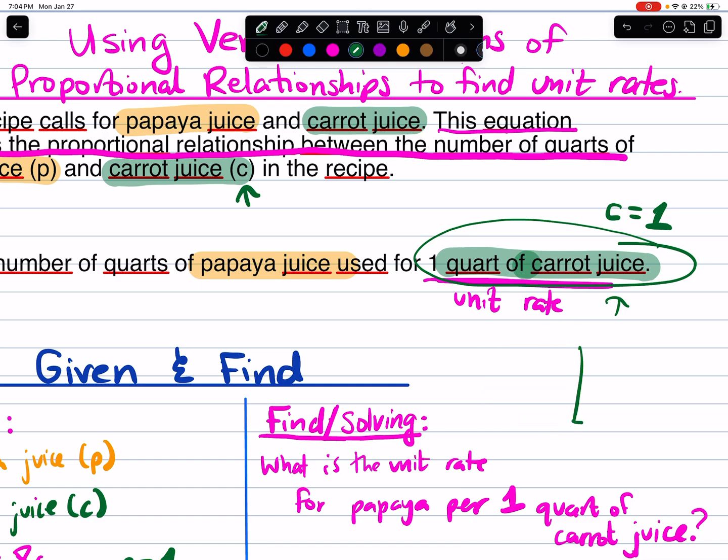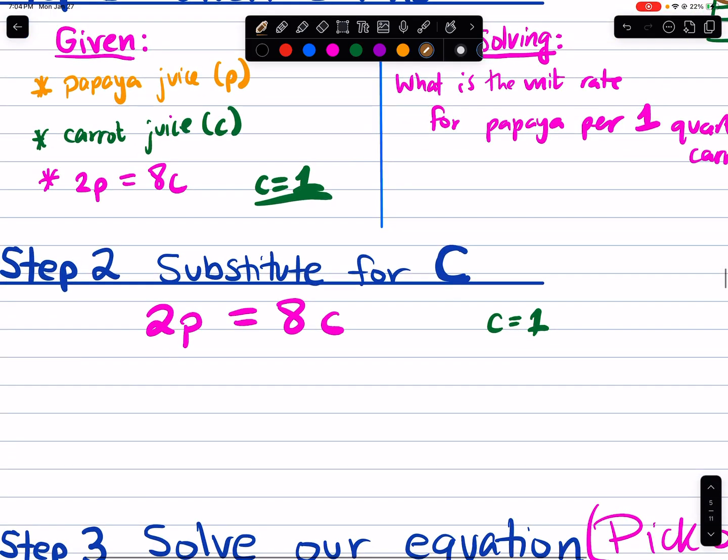There's a table with papaya juice and carrot juice on the one side. The unit rate has a 1 for carrot juice, and we don't know what this mystery one is. And there's a bunch of other numbers, but we want to look for the one with the 1. So we know that carrot juice is 1, so we need to use that 1 to figure it out.